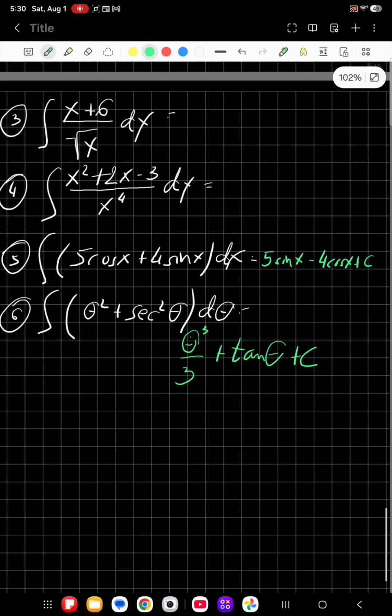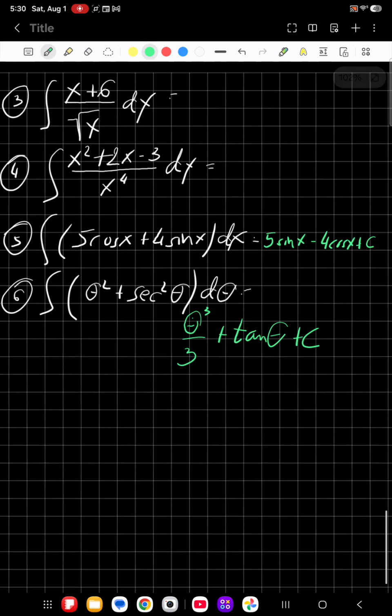Problem 4. The solution for problem 4 looks like this. So negative, let me just write it this way to save space, negative 1 over x minus 1 over x squared plus 1 over x cubed plus c.